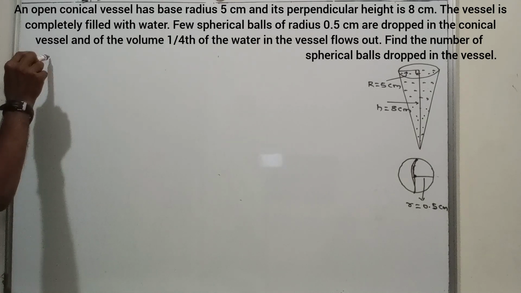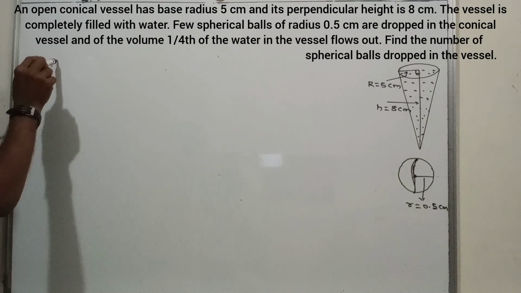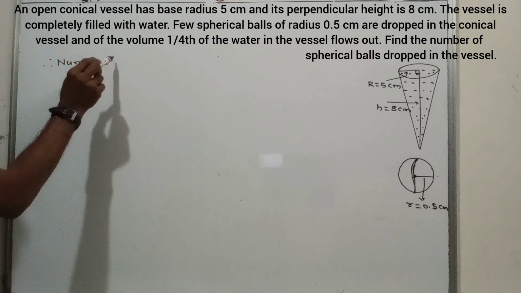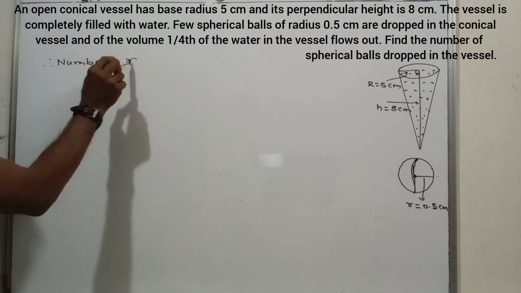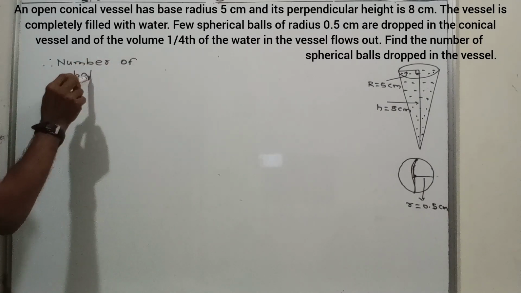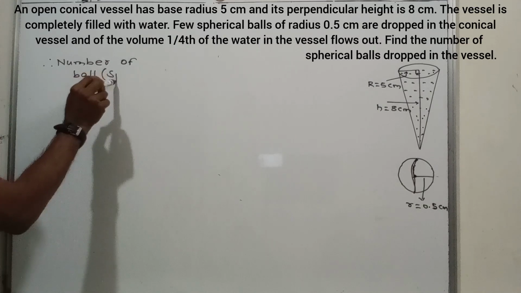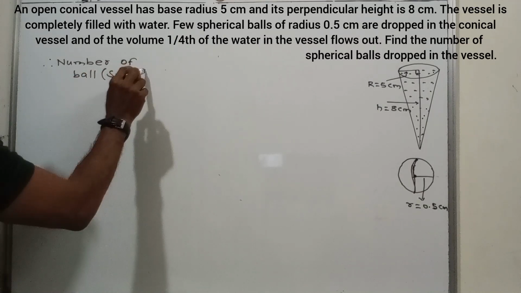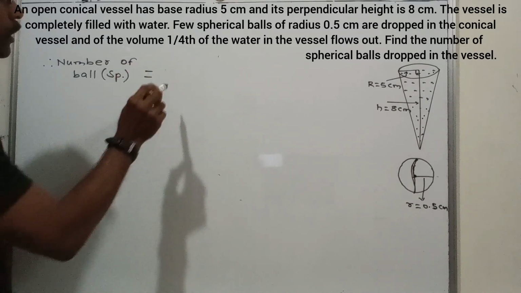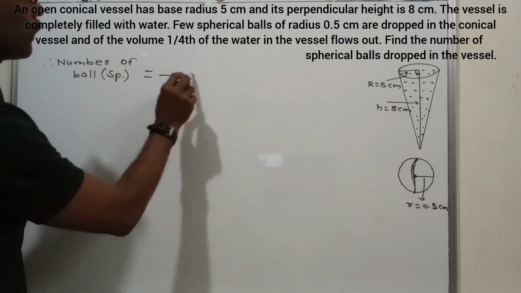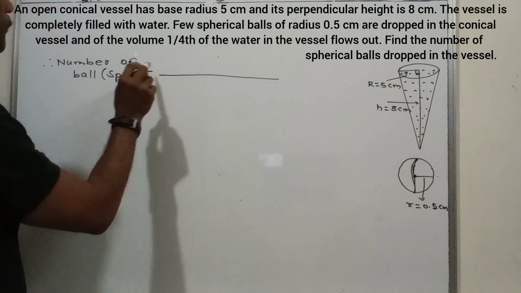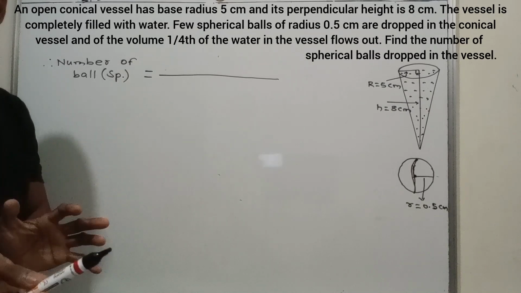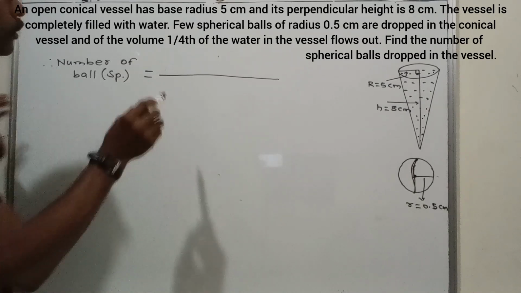See here. Therefore, we write here directly number of balls, spherical balls, is equal to, see this carefully. 1/4 of volume of water spills out or comes out or flows out.